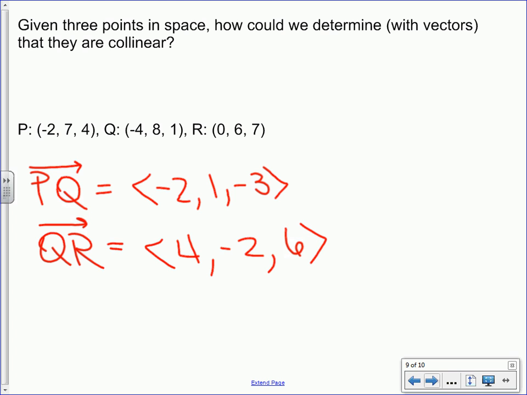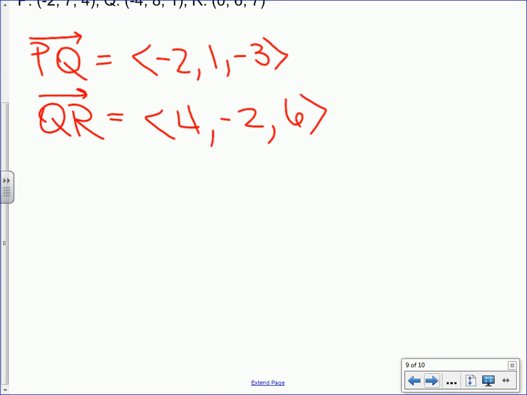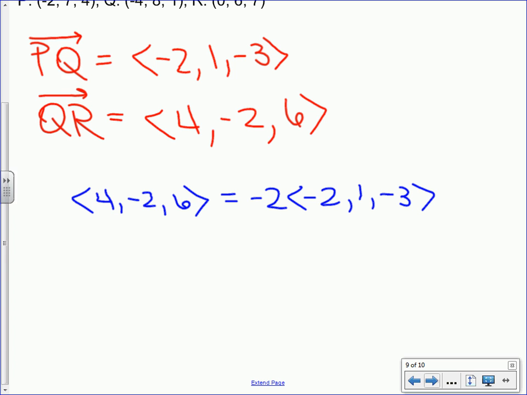Okay. So, if I look at 4, -2, 6, do you agree that that is the same as -2 times -2, 1, -3? Yes. Why did I pick -2, 1, -3? Because that's PQ up here.